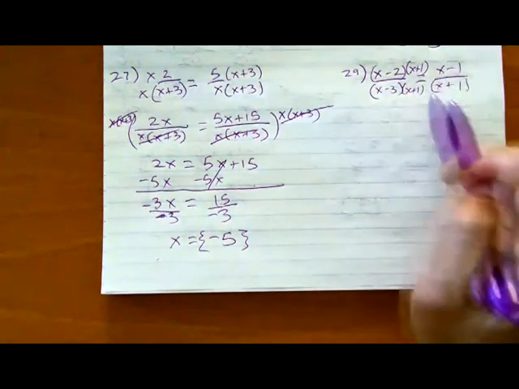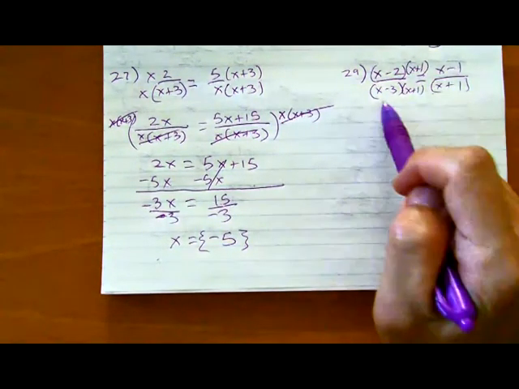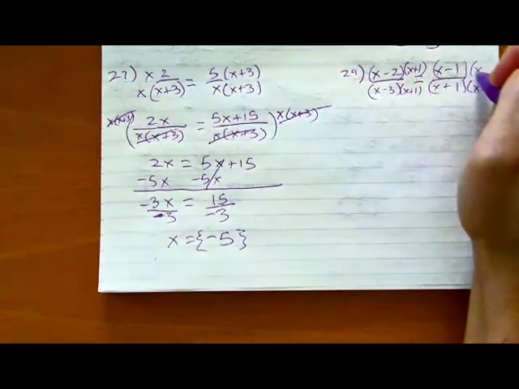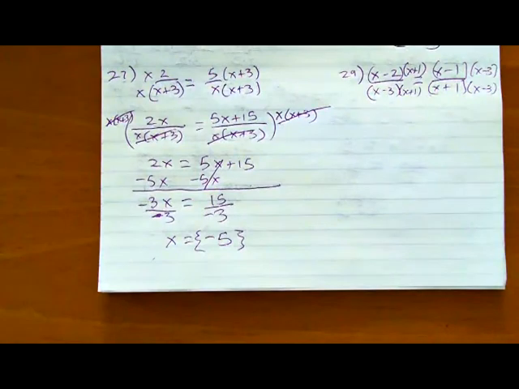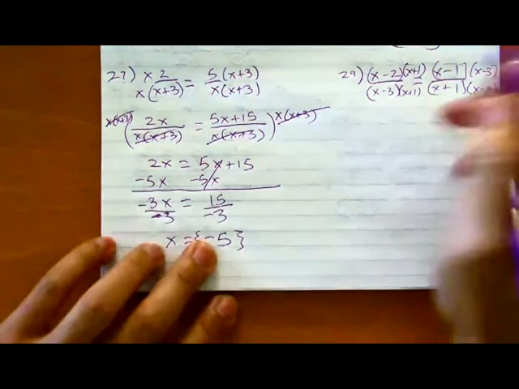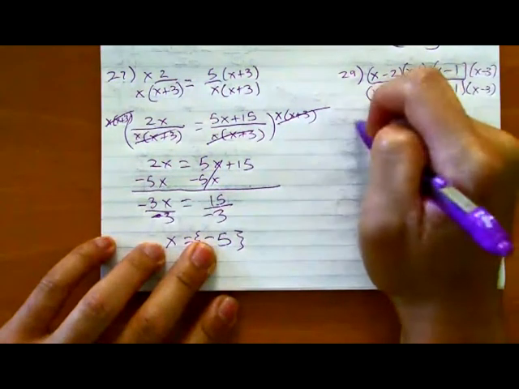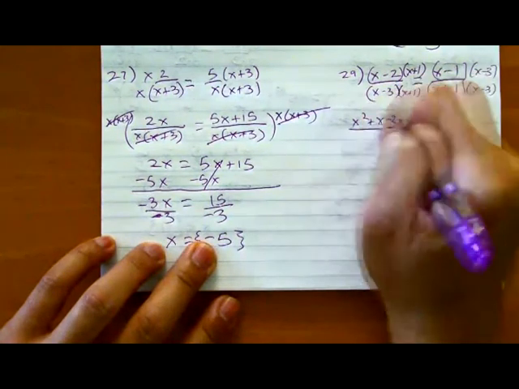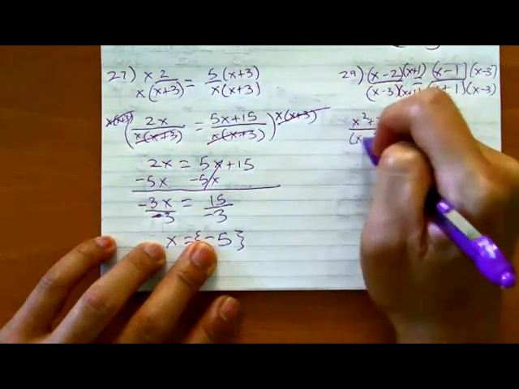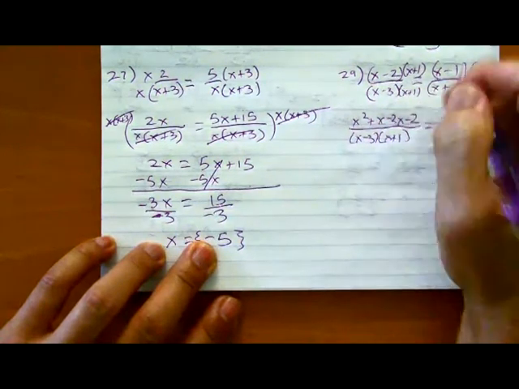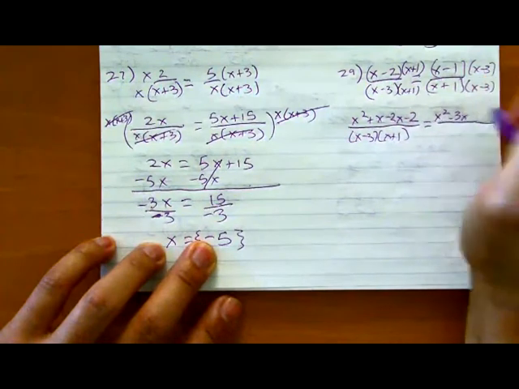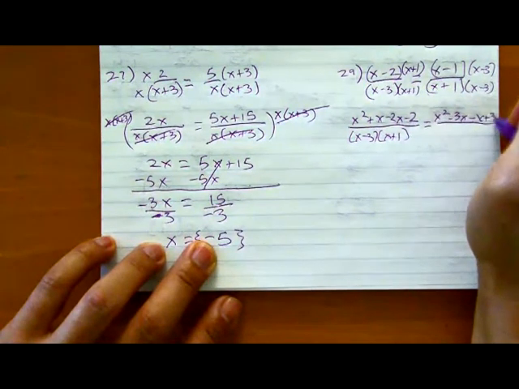This denominator, the x plus 1, is missing a factor of x minus 3. x squared plus x minus 2x minus 2 over the two parentheses equals x squared minus 3x minus x plus 3.